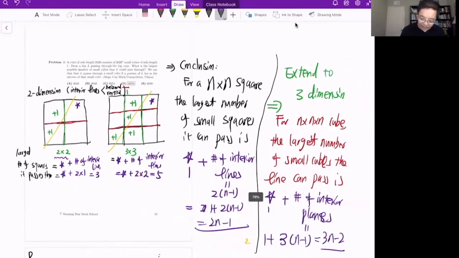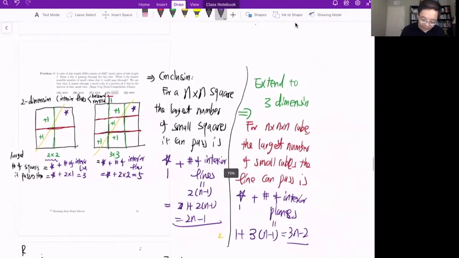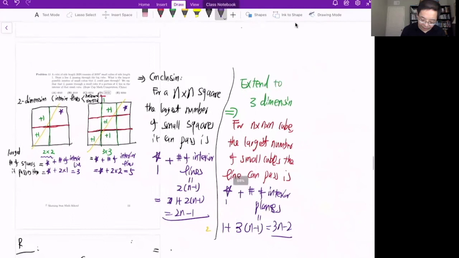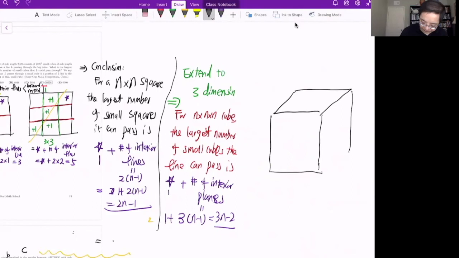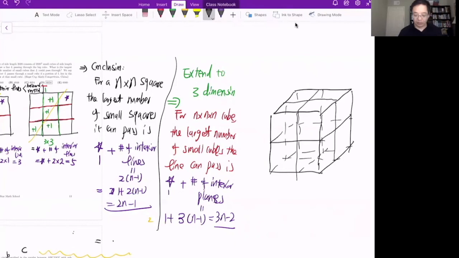Now, we can look at a special example. Say I have a 2 times 2 times 2 cube. Let's mark those interior planes.